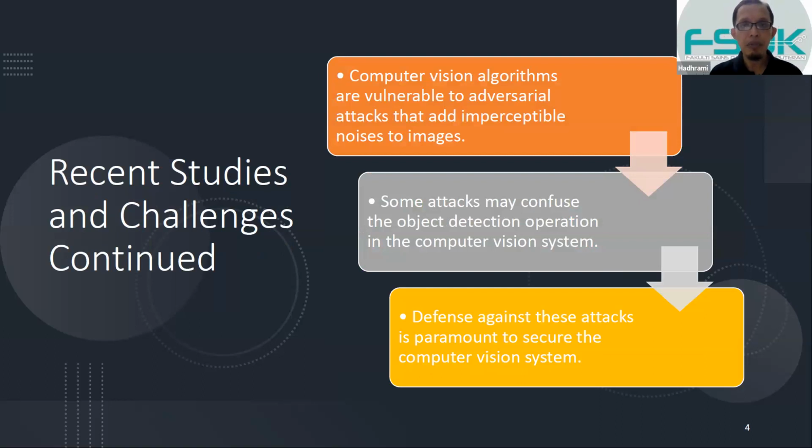We know that nowadays, using AI-based algorithms, especially GAN-based algorithms, we can easily generate a lot of images, and this basically makes computer vision algorithms vulnerable to these GAN-based attacks. Some attacks might confuse the object detection operation in the computer vision system.